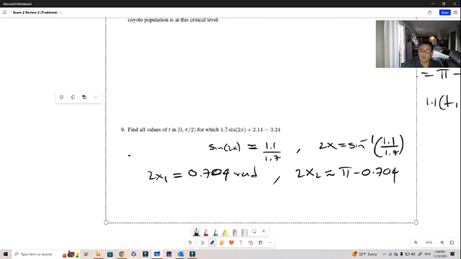Remember, here we have a positive value of sine, so this gives me on the unit circle two values, one in the first quadrant and one in the second quadrant. Now that we have this, we can find x1. So this first one is going to be 0.352, and x2 is going to be 1.219, once we find pi minus 0.704 divided by 2.